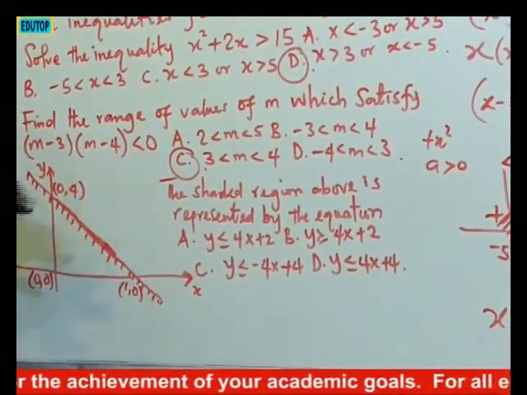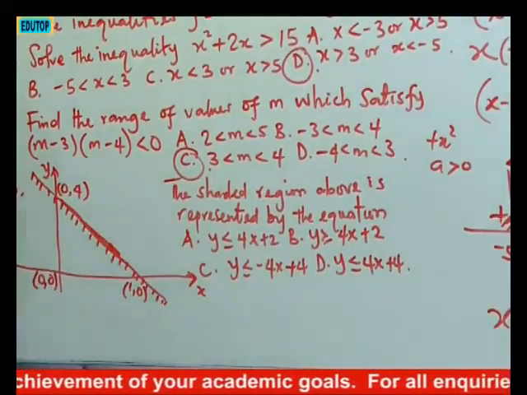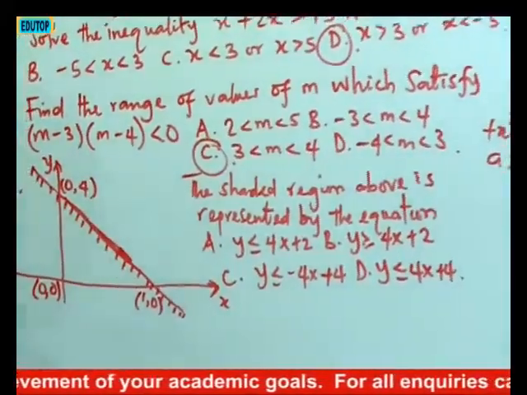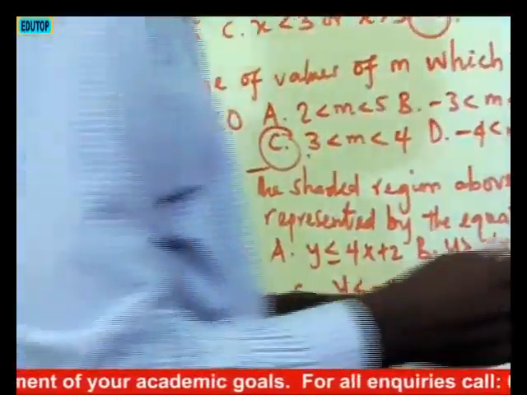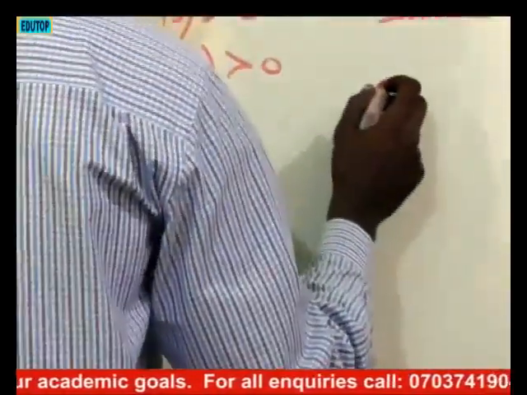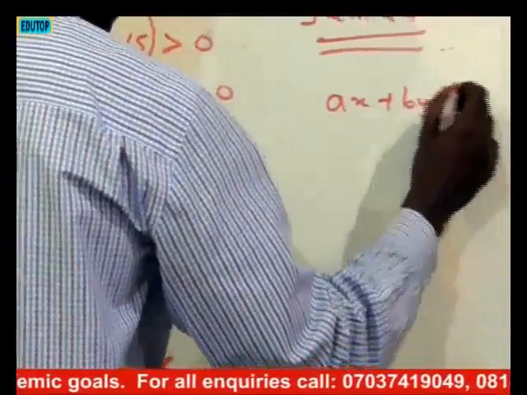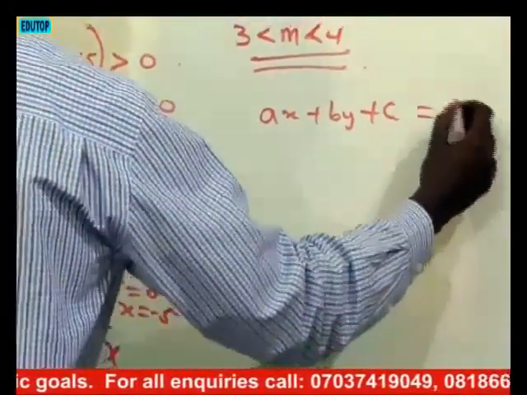So here, what I'm trying to say is that in this question 10, you have the shaded region above represented by the equation. Look at what you have. If you are to solve this kind of problem, the first thing you do is write out the solution to this graph, which is usually ax plus by plus c equals to 0.